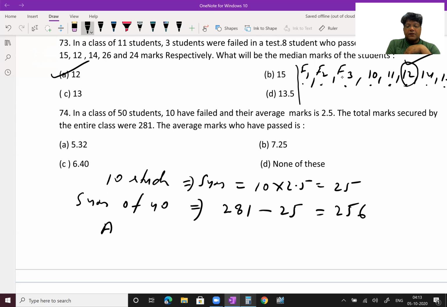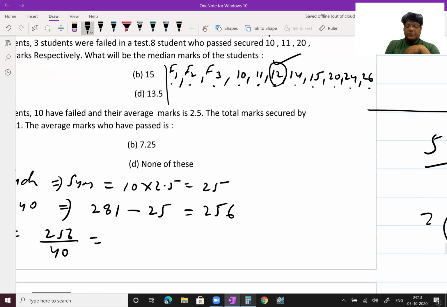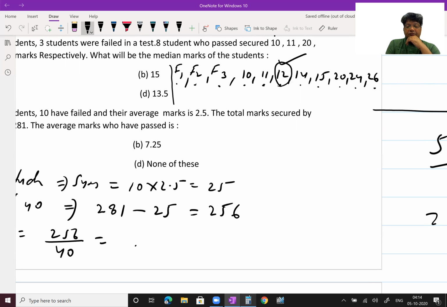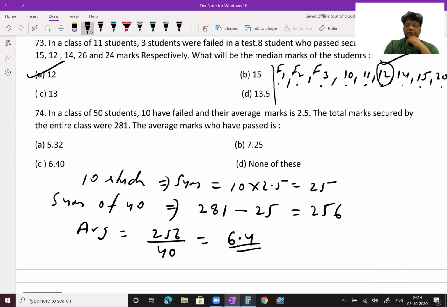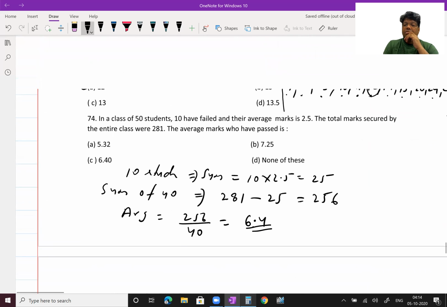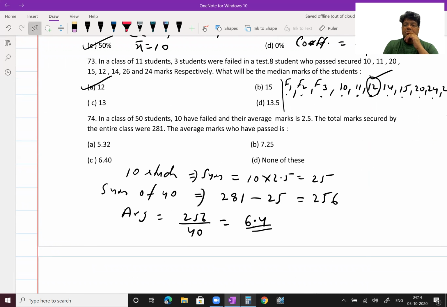So their average will be 256 divided by 40. 256 divided by 40 is equal to 6.4. Any option? Yes, C.